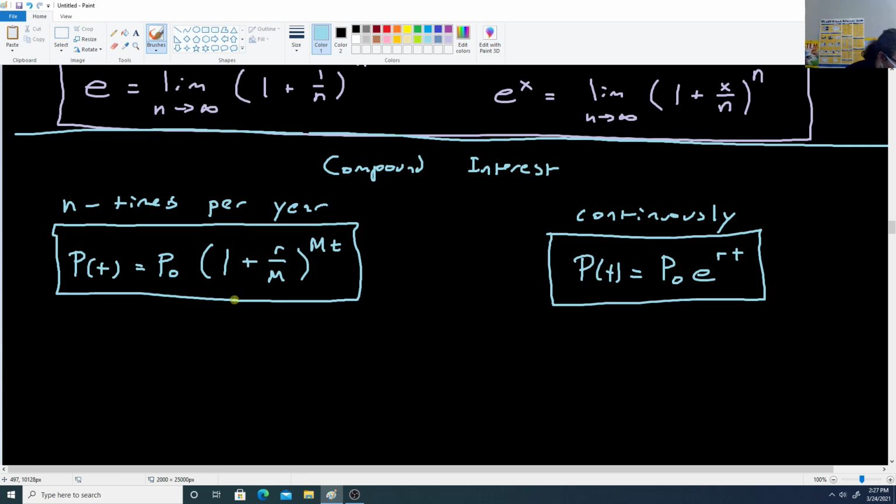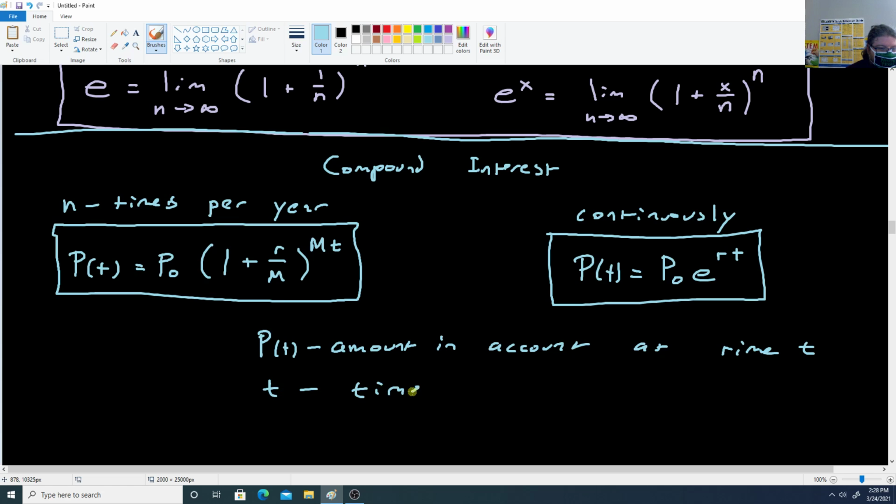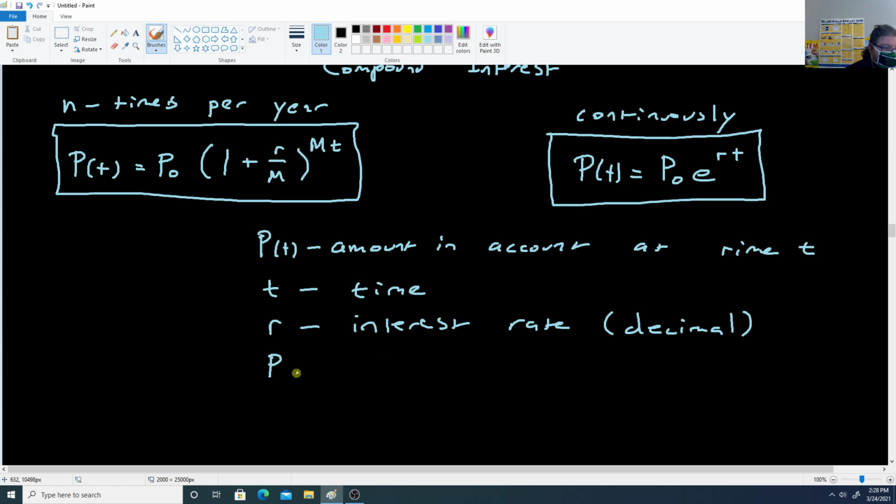For these, P of t is the amount in the account at time t. So this holds for both of them. T is time. R is the interest rate, but we have to write it as a decimal. P naught is the initial amount, which we call the principal.